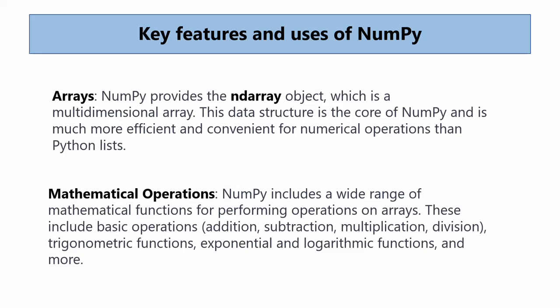Since NumPy is implemented in the C language and is optimized for numerical operations, it is more efficient and faster than a Python list for numerical computation. It also provides memory efficiency and vectorized operations, so we can easily perform mathematical operations, and these are helpful for data science model creation.